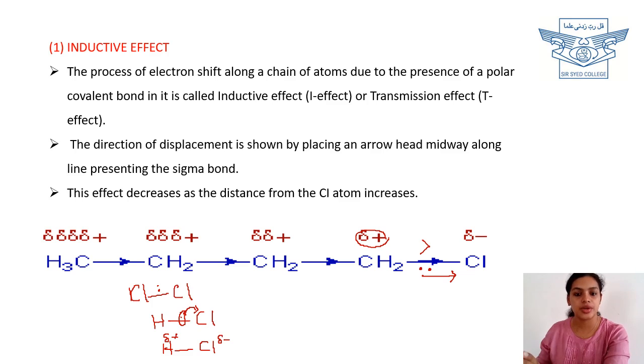So what will this carbon do? This carbon will pull the electrons from its neighboring one, but with a reduced force. You know that chlorine is the strongest, the mightiest. It can forcefully pull the electrons towards itself, but since carbon does not have that much electron attracting property, the force with which the electrons are being pulled will differ here.